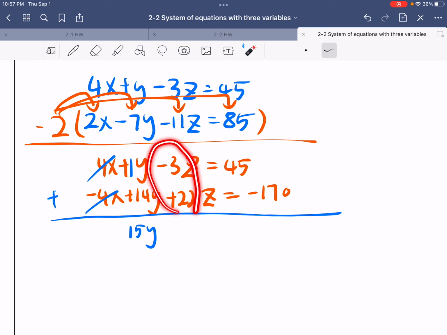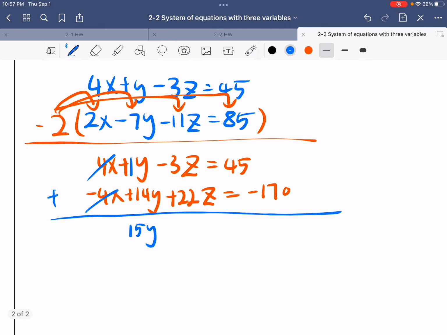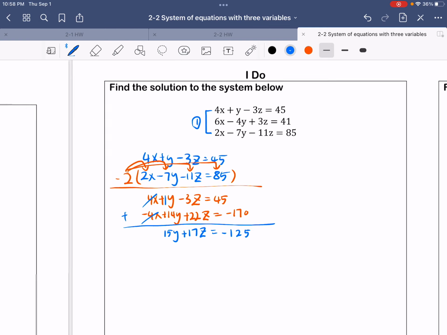And just like this, -3 plus 22, different sign, you subtract the numbers and keep the sign of the bigger number, which is positive in this case. And this one is going to be -125, okay? All right, so we're done with the first step.